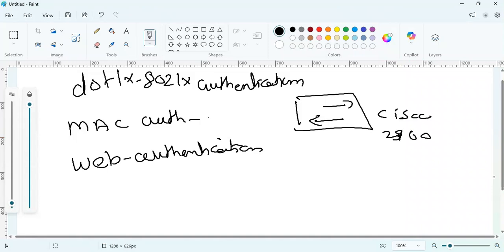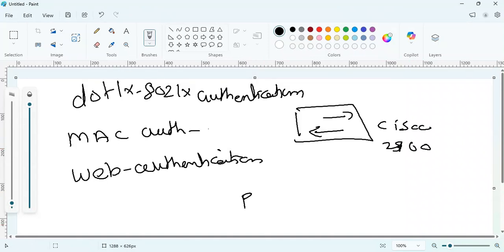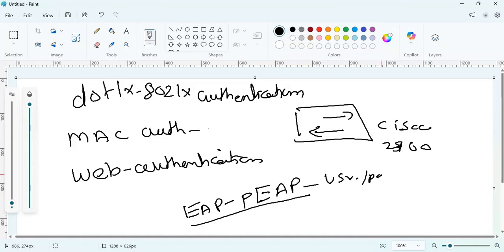So 802.1X authentication is purely PEAP. These are only username or password.